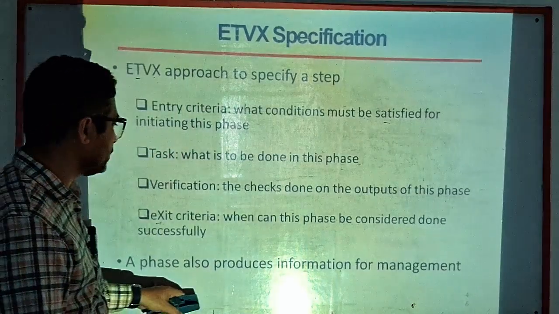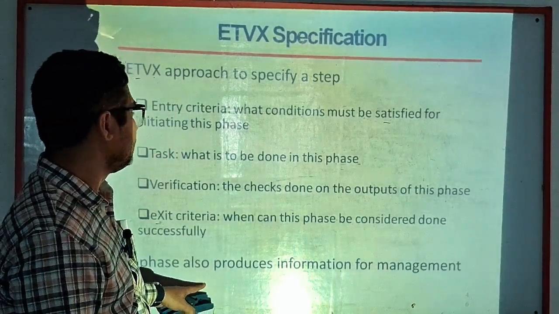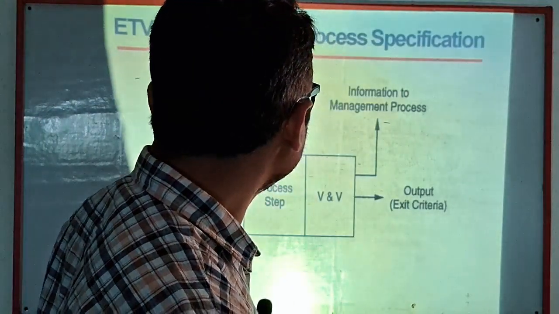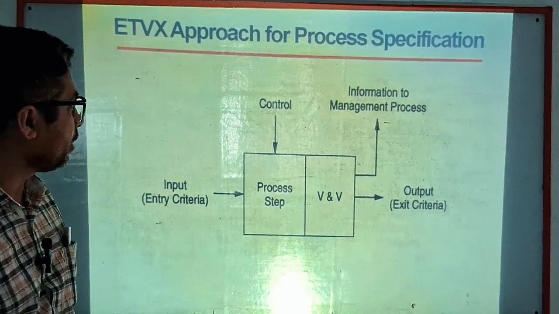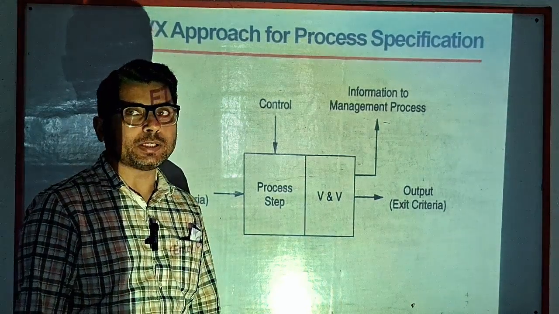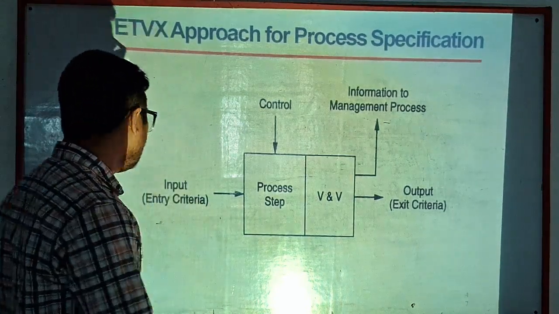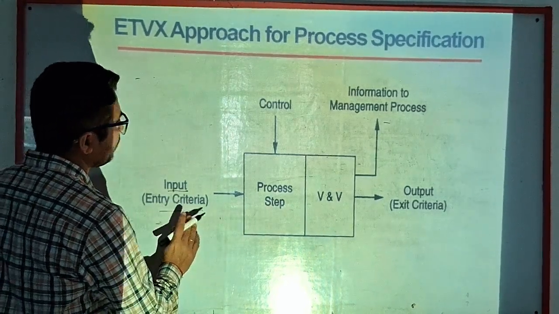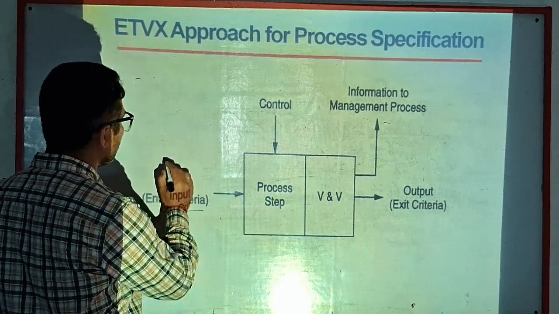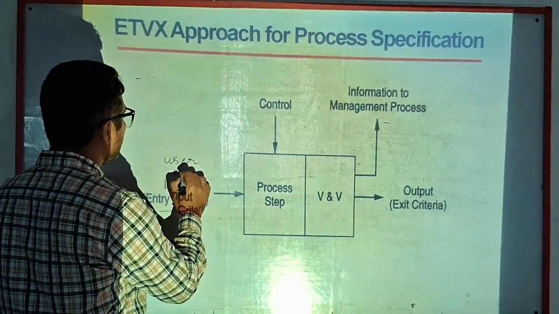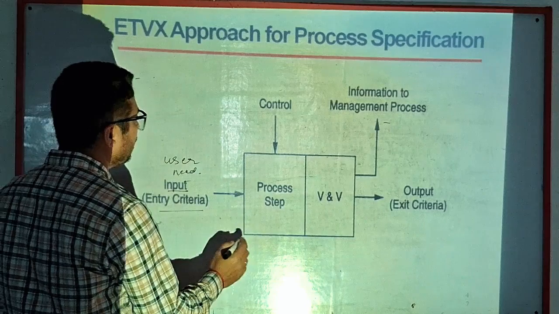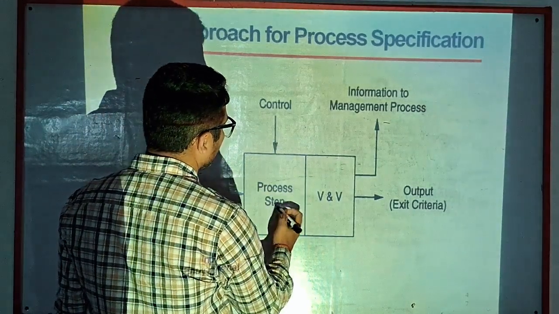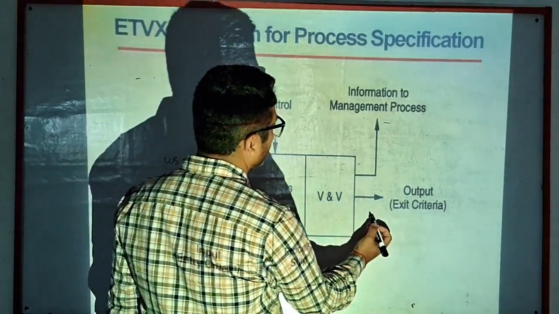A phase also produces information for management. These are all critical information for the management. Here you can see a simple diagram of the ETVX phase. The first one is the input, the entry criteria, the user need. After this, the processing will be done, and the processing will give the output.